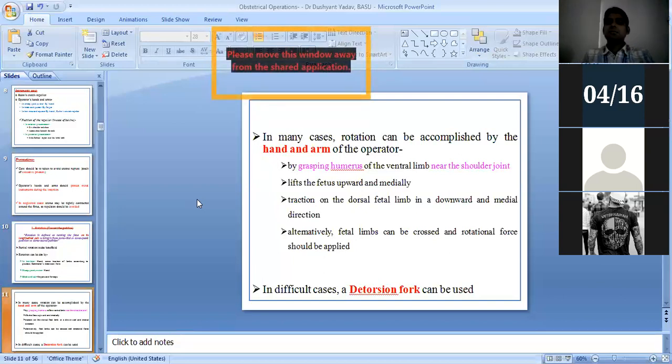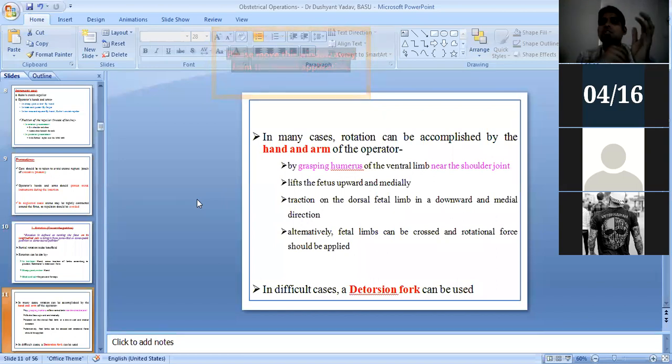After that, use traction on the distal, dorsal fetal limb in a downward and medial direction. If you people have learned dystocia, then it is very easy. The simple thing you should do is grasp the humerus and lift the fetus upward and medially.